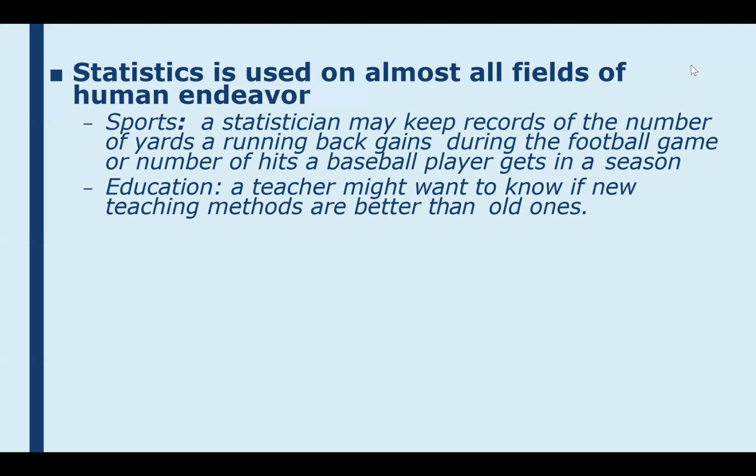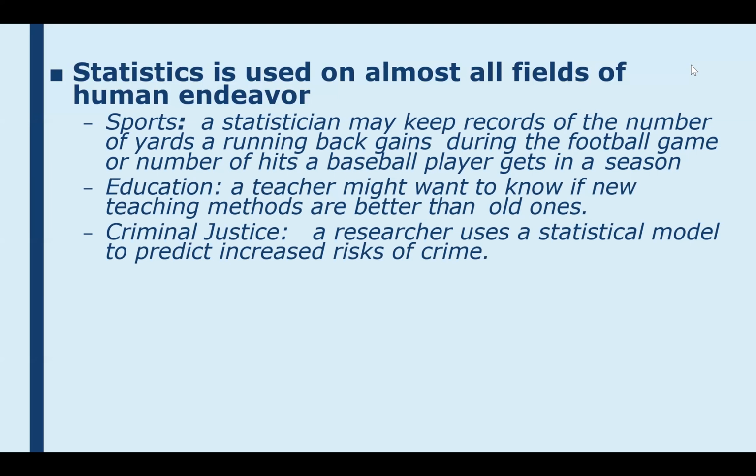Education: we might want to know if one teaching method is better than another. We may want to look at grades and how grades change from semester to semester. We can monitor that for the whole class, for a particular student. Criminal justice: a researcher uses a statistical model to predict increased risk of crime.